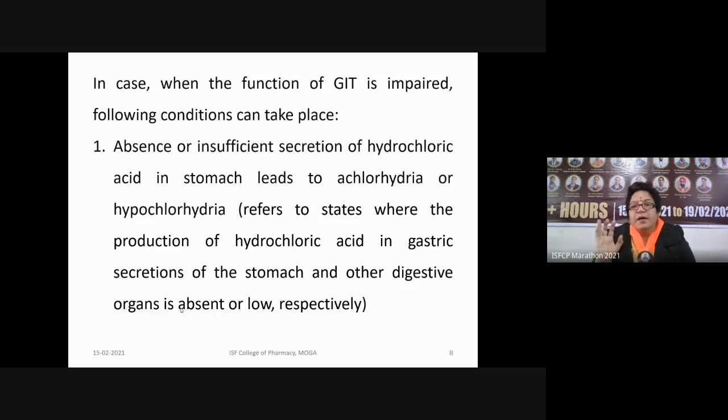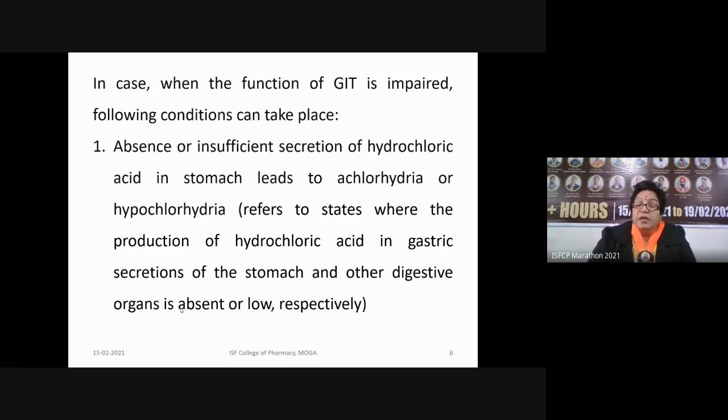So we have to chew 32 times because the food has to blend completely with the saliva. After that, it goes through the pharynx, through the esophagus, and into the stomach.